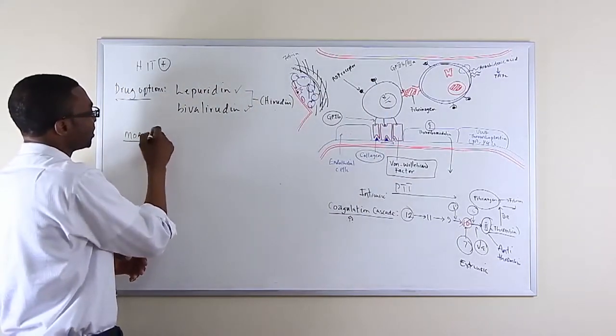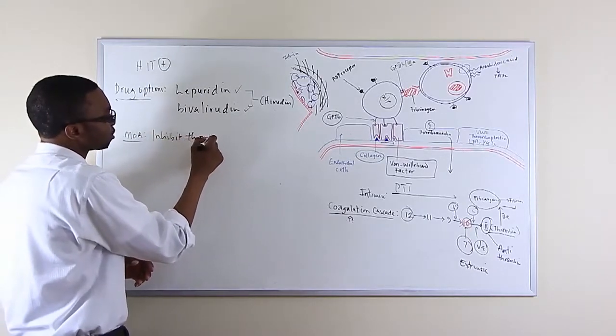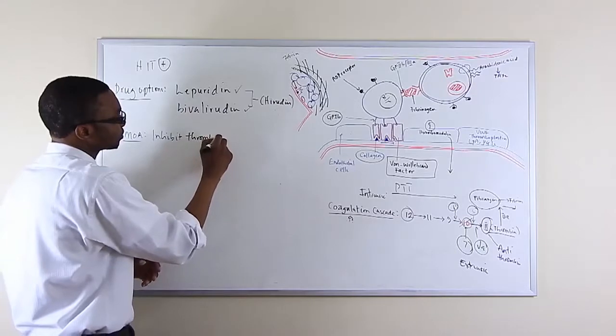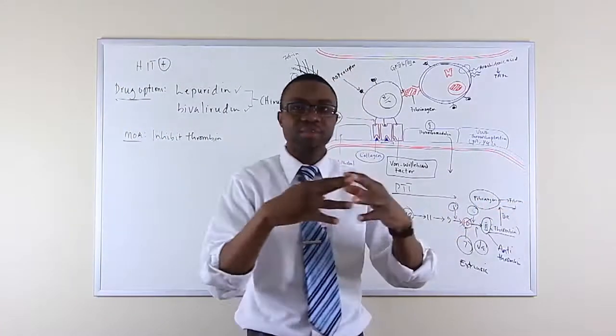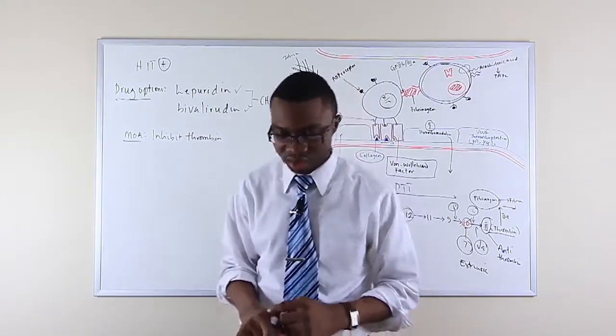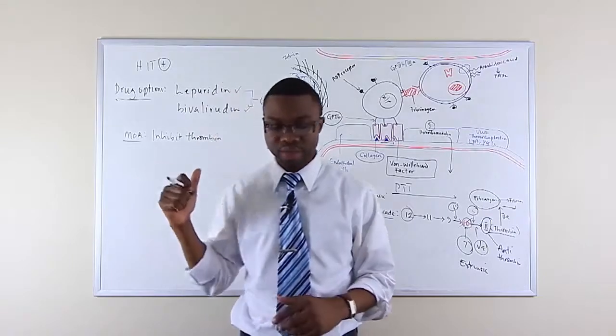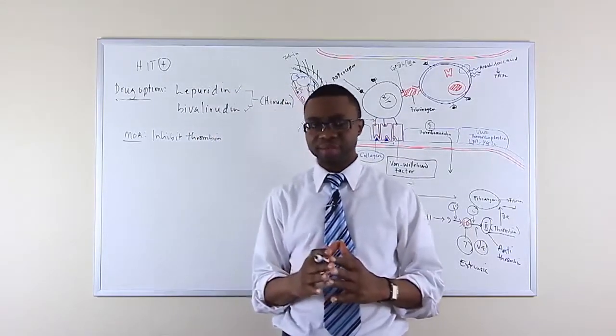They are thrombin inhibitors. So if you inhibit thrombin, you can't make fibrin, you can't make that nice mesh on top of the platelets, and then you have anticoagulation. So those are the 2 drugs. Remember that. All right? So now that brings us to the end of heparin.